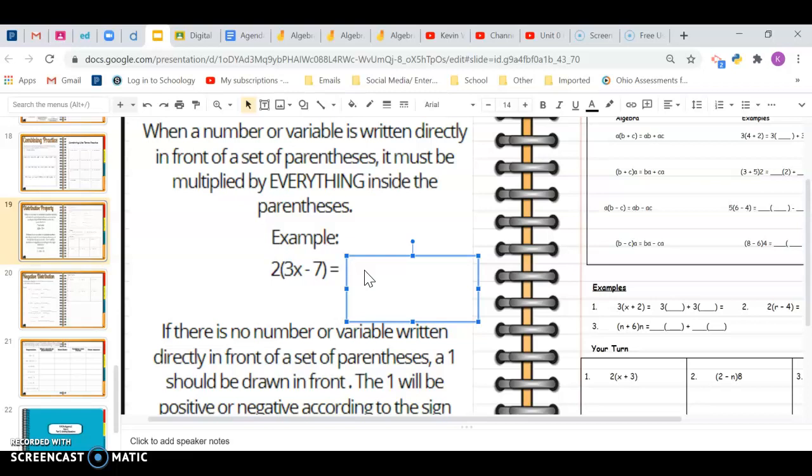So let's rewrite what we have here. So I have in here 2, and I'm going to write times 3x. Okay? Actually, let's rewrite it a little better. 2, and then in parentheses 3x. So I know these two are being multiplied.